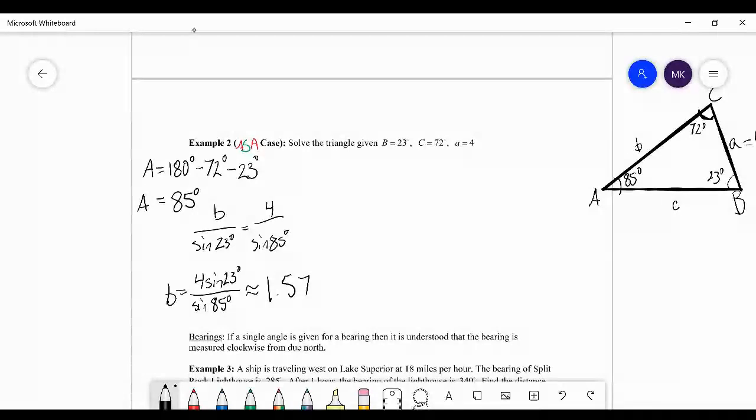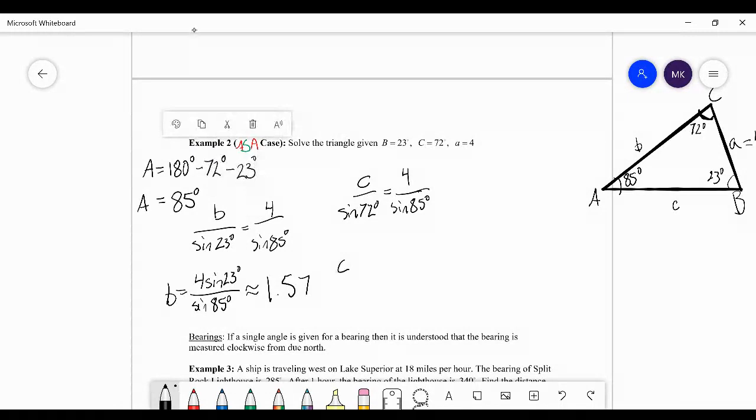Do the same thing over here. We get C over sine of 72 degrees equals 4 over sine of 85 degrees. Again, I don't want to use side B and angle B or beta because I don't have a nice exact form of B, and I want to use the simpler version with 4.